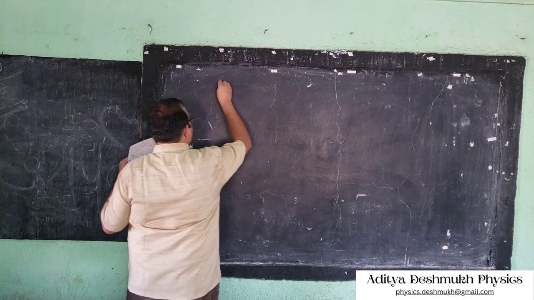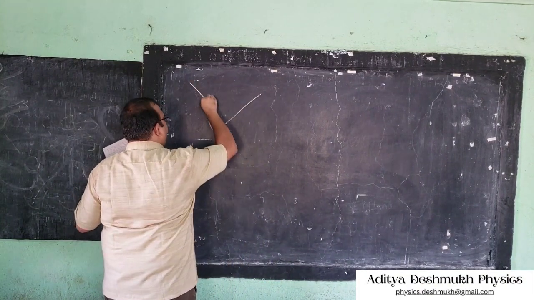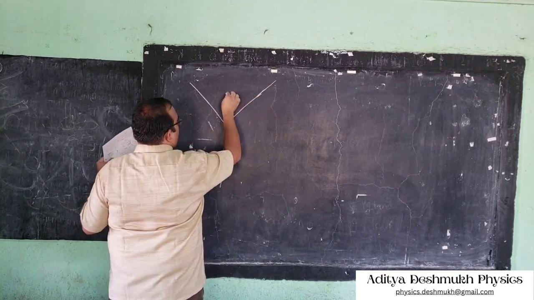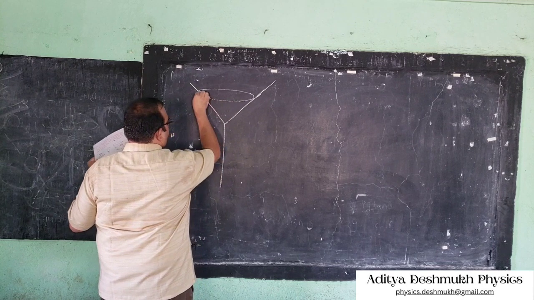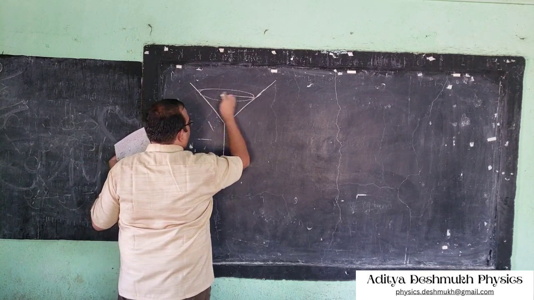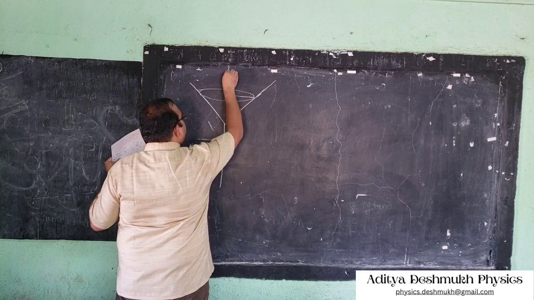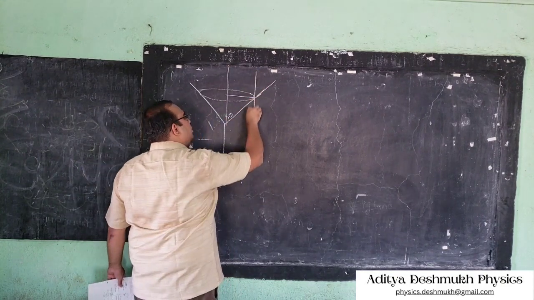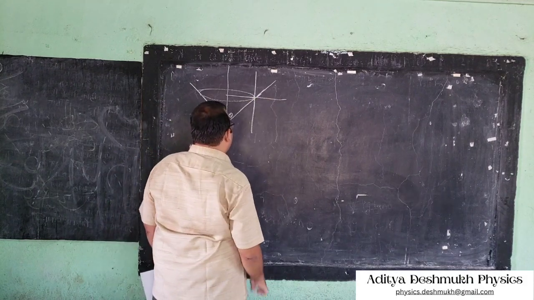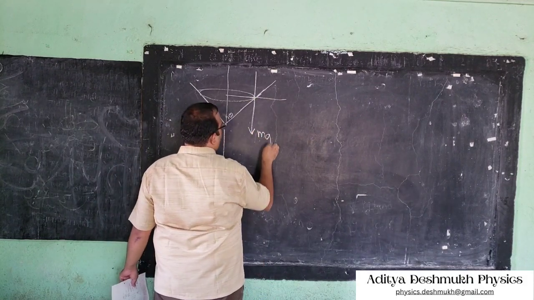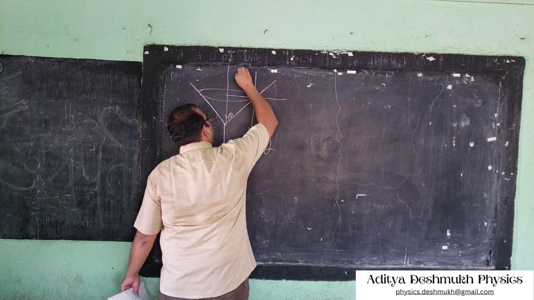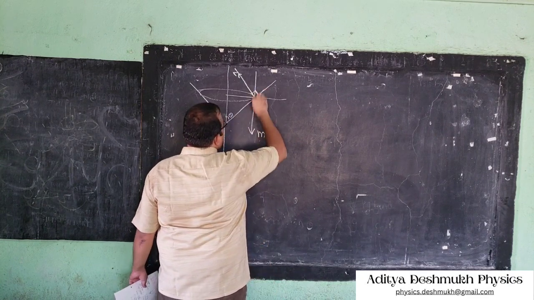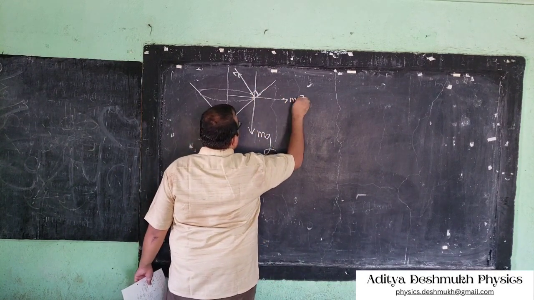I made a mistake while finding out the theta. So if this is my funnel, this is the horizontal motion, and this is the radius, and this is theta. And if I draw my axis here, this will be mg, my N will be perpendicular to the surface at 90 degree, and this will be mv square upon r.